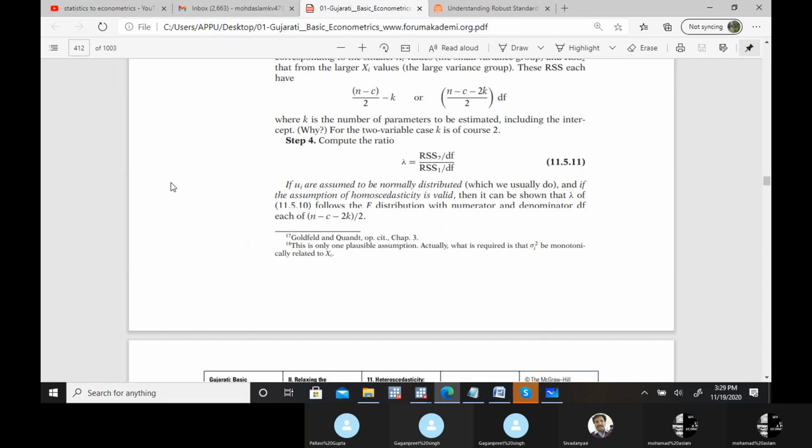And as we always subtract the parameters, here we have beta 1 and beta 2, so it's minus 2. So if it's a 30 sample size, then 30 minus 4 omitted values is 26. 26 divided by 2 is 13. 13 minus 2, so it's 11. So 11 degrees of freedom for numerator and denominator.